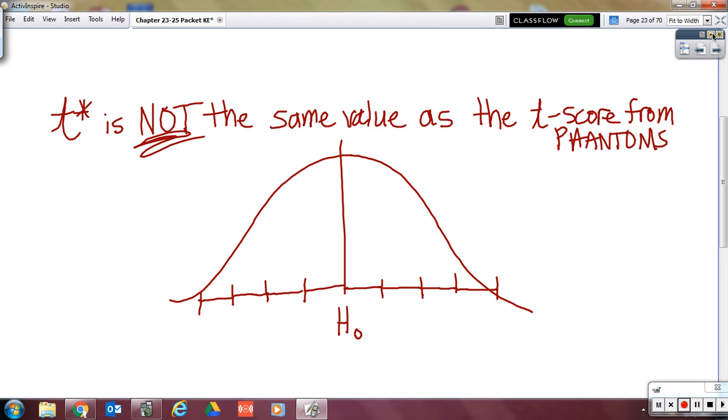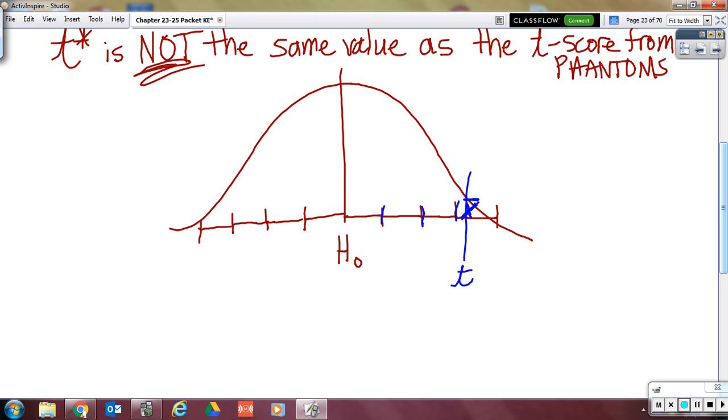Up there in our phantoms on this particular problem, it was 3.59. That meant I got a sample that averaged right here, about 3.59 sample standard deviations above the mean. Here is T star.